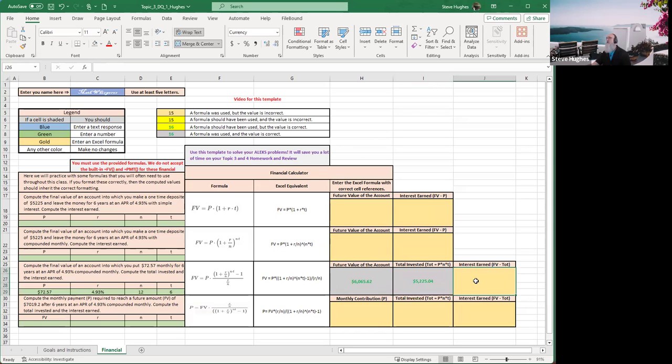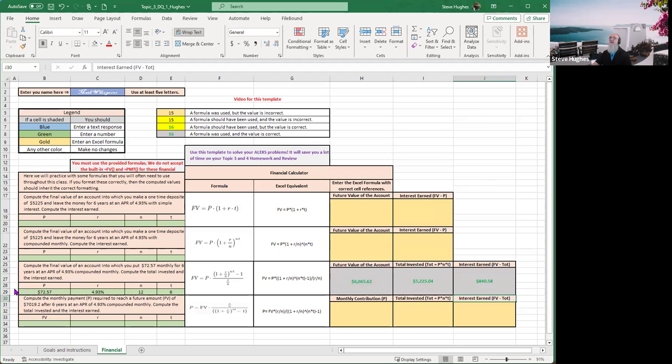Everybody, the interest in this type of question is always the same. It's the future value minus the present value, or the total amount invested. So equals the future value minus the total invested, which is really the present value. Hit enter, and there I go. I made $840.58 of interest on this account.